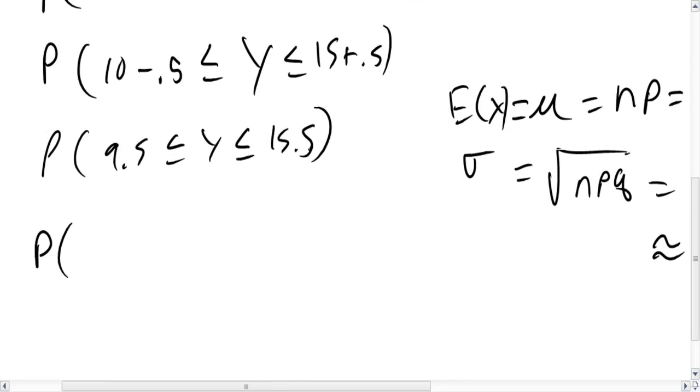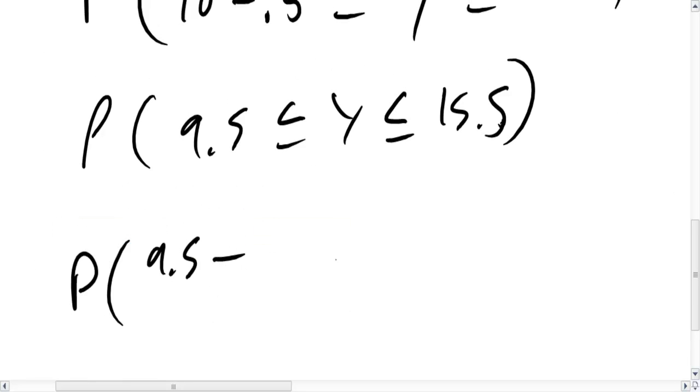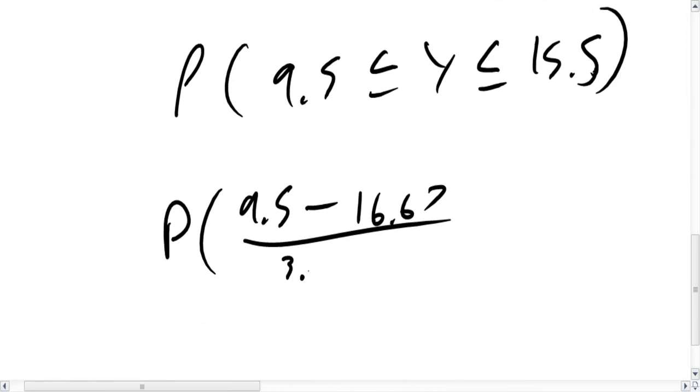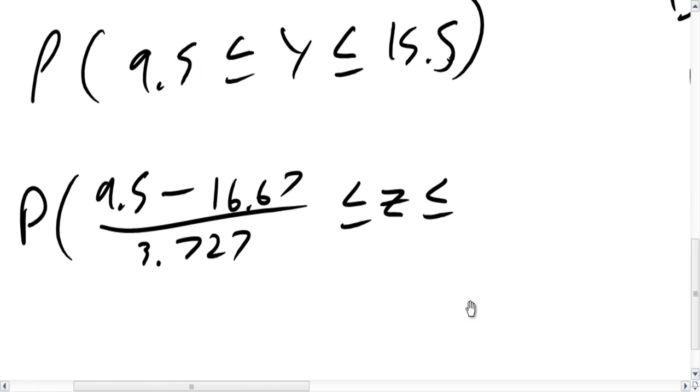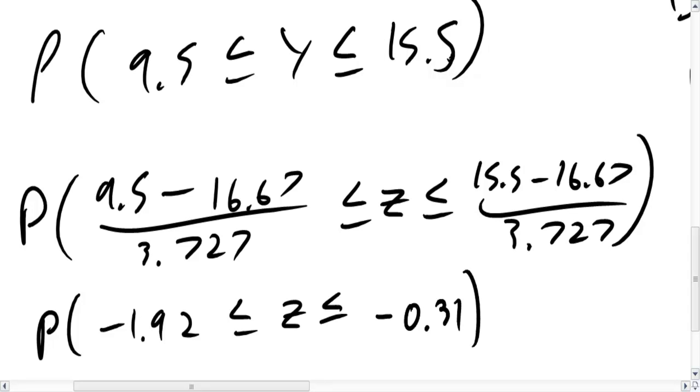So the probability of our value minus the mean, 16.67, divided by the standard deviation, 3.727, less than or equal to z, and now the same thing on the other side, 15.5 minus 16.67 divided by 3.727. There we go. So now we find our z-scores. There are the rounded z-scores.